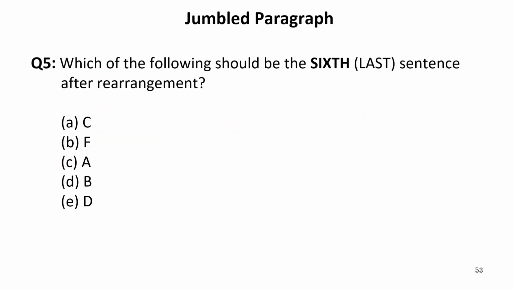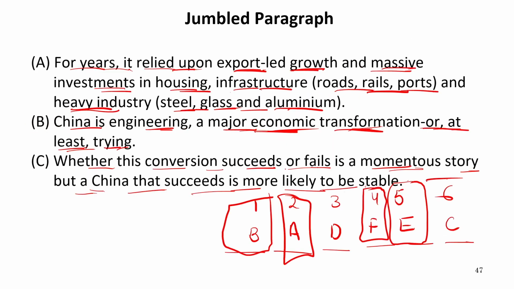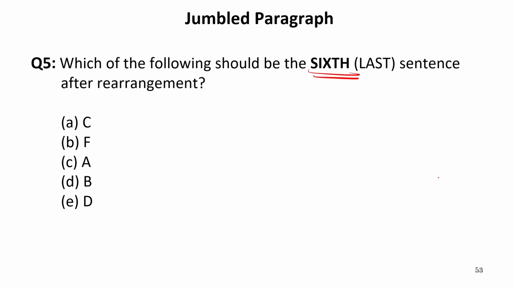Now let us move to the next question, that is the sixth or the last sentence. The sixth or the last sentence is C. Now let us see in the options where C has been written.